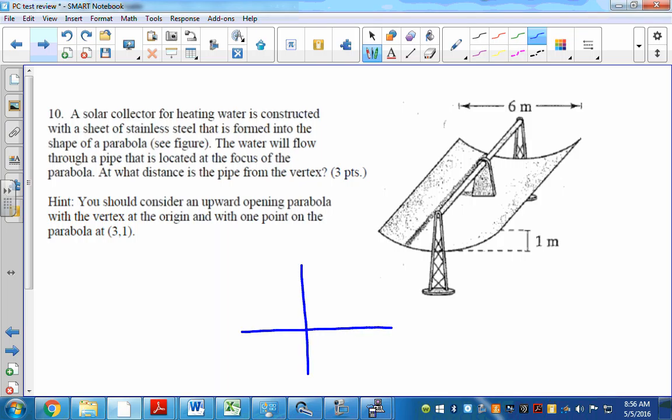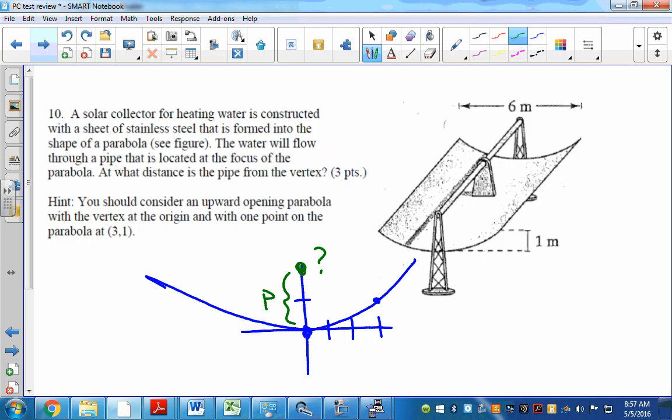You should consider an upward opening parabola, the vertex at the origin, and one point on the parabola at 3, 1. Okay, so our parabola is looking like this, upward opening parabola, and the question is, where do you put the focus? So there's a focus up here somewhere, and we're trying to figure out this distance P.